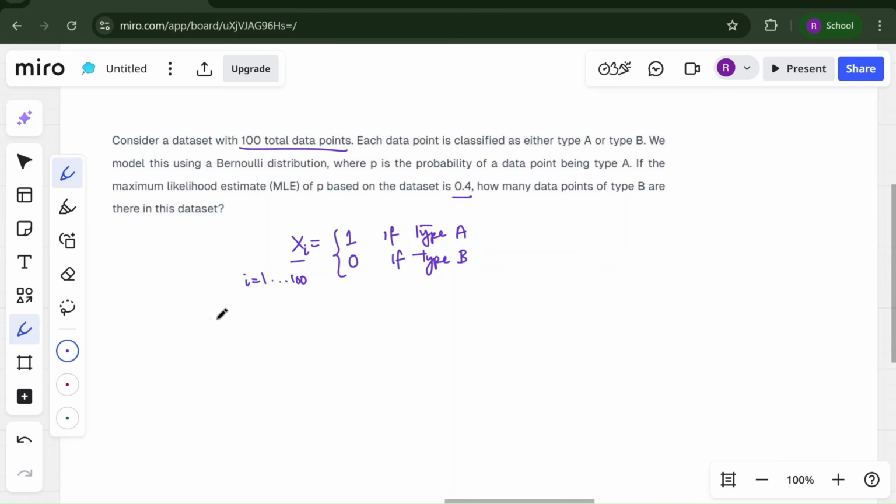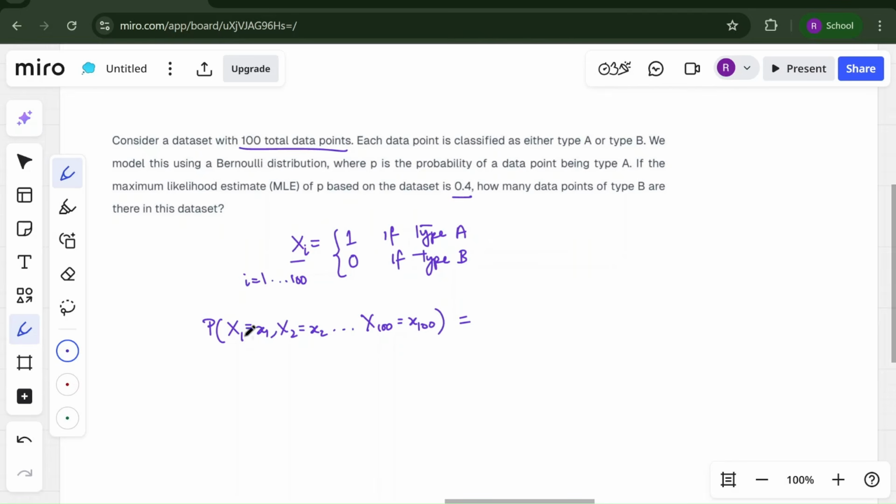So what is the probability of x1 being equal to little x1, x2 being equal to little x2, and so on, x100 being equal to little x100?